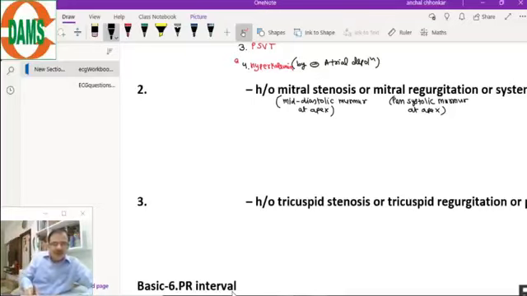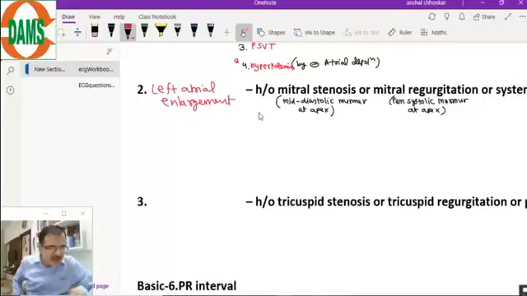So with all these three clinical pieces of information, we will be looking at left atrial enlargement. This will be the differential diagnosis in your mind. Yes, it will be a left-sided lesion, so this will produce a left atrial enlargement.